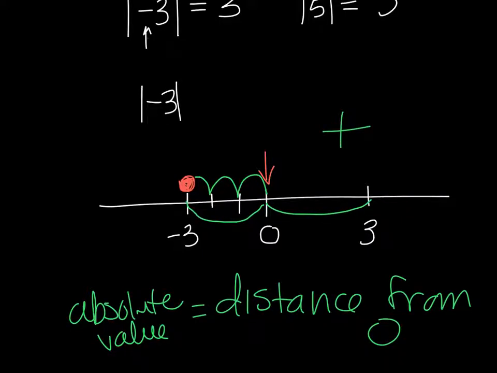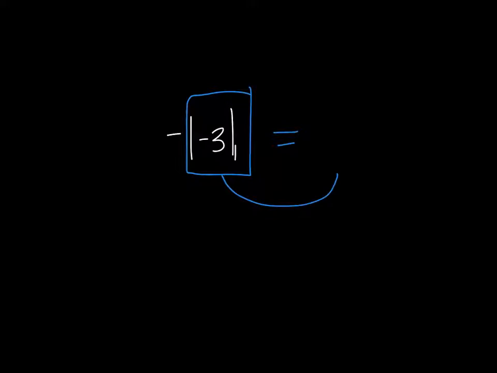Now be careful with that always positive thing, because what if it was the absolute value of -3 and then there was a negative out in front? See, what's happening is you're going to look at this first and you're going to say, hey, that in and of itself, absolute value of -3 is a positive 3. So you're going to say a positive 3. But then there's this negative out here that is still out there.